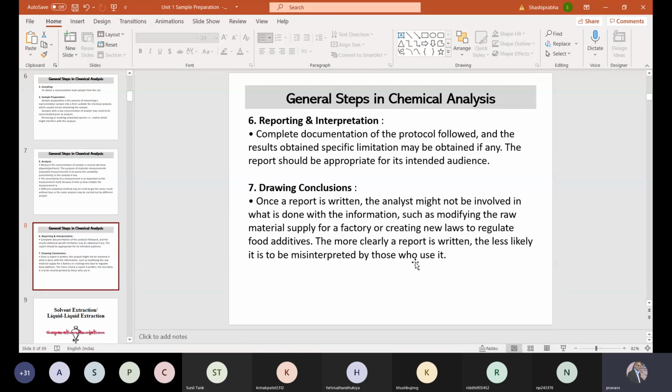Interpretation, or drawing conclusions, means that once you get a result following all these procedures and methods, the next step is to say that this component is less or more, why it is less or why it is more, or that this is absent when it should not have been absent. These things can be a part of chemical analysis when we report any result.